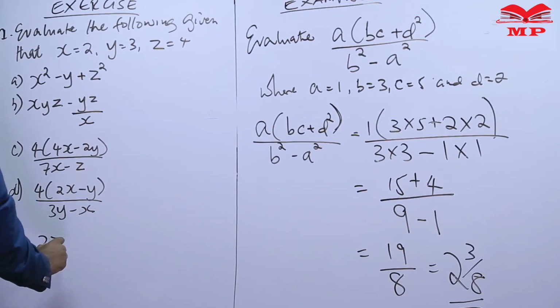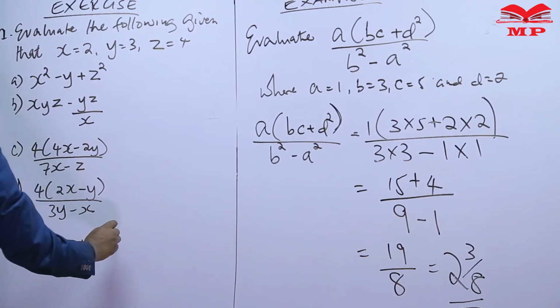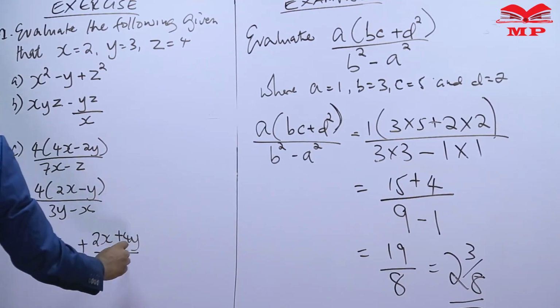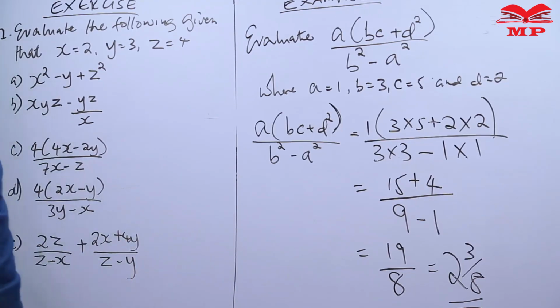E: 2z over z minus x plus 2x plus 4y over z minus y.